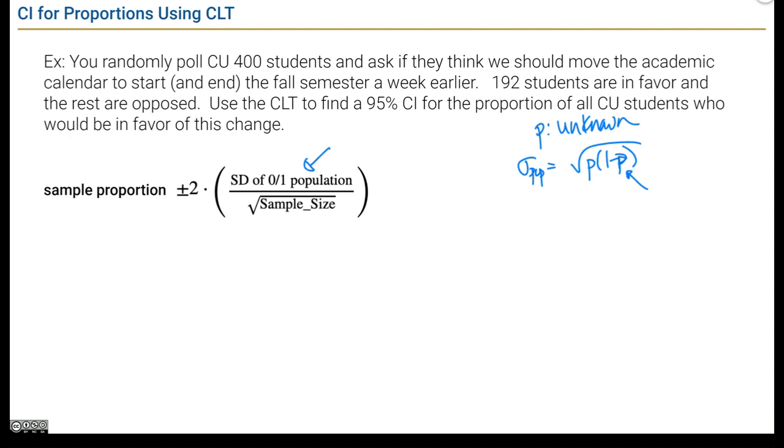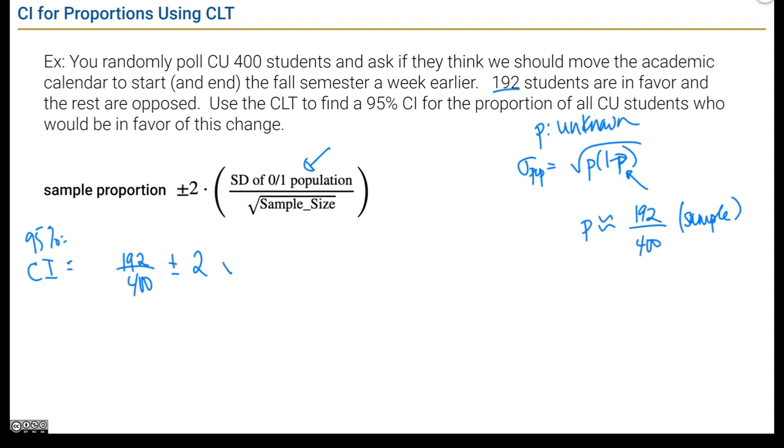And in this case, from my sample, p is approximately equal to the number in favor, so 192 over 400, based on my sample. So that's what I'm going to use here. I'm going to take my sample proportion, so my confidence interval, and this is a 95% confidence interval, is taking my sample proportion, which is 192 out of 400, plus or minus 2 times the square root of p times 1 minus p over the square root of 400.